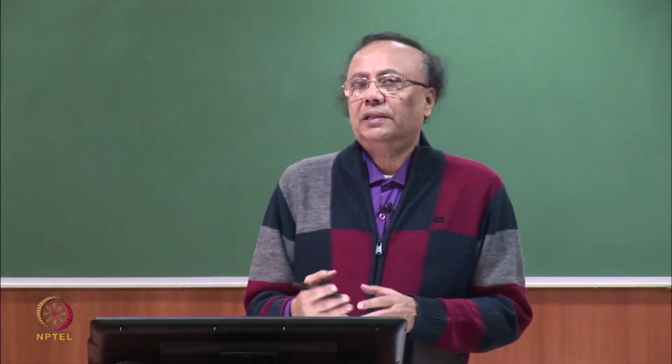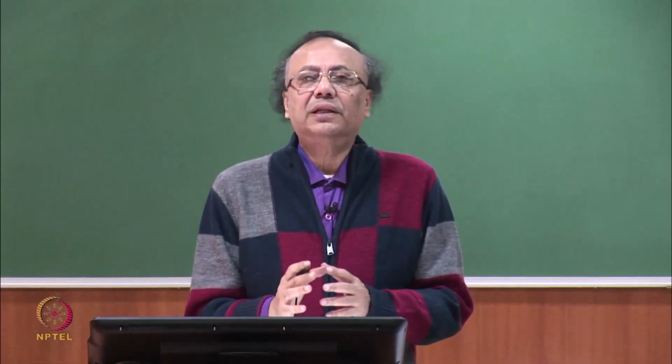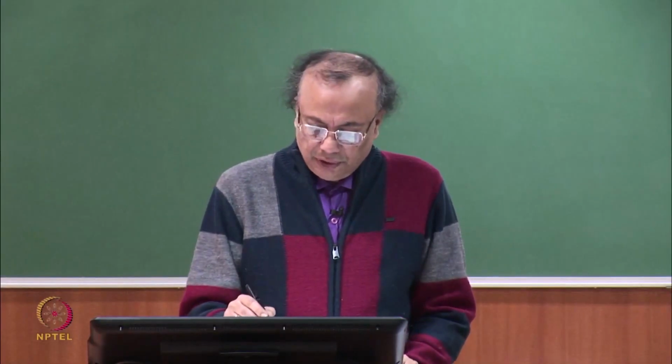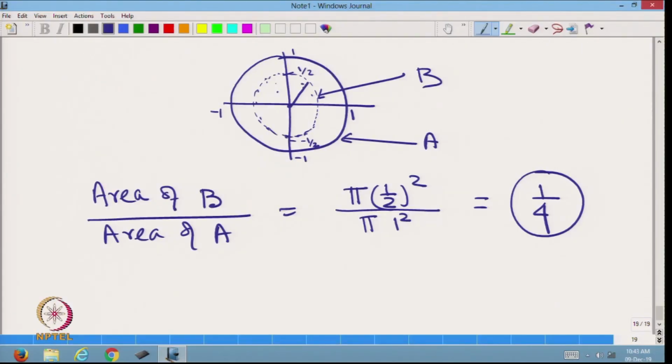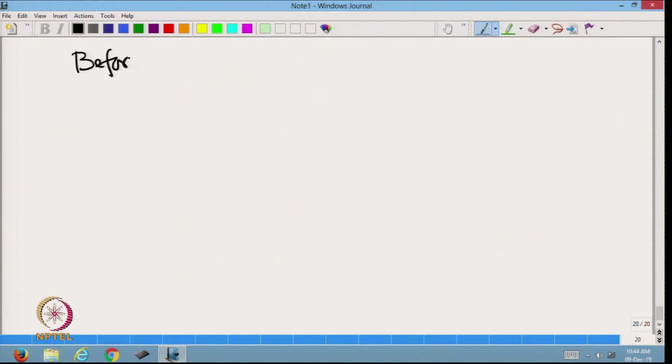Rather, we will look at the subset that is depicting the event, and we will compare its measure with the total measure of omega, and that is what we are trying to drive at. Before we go further, we give some basic definitions.